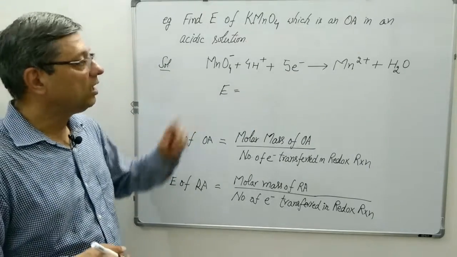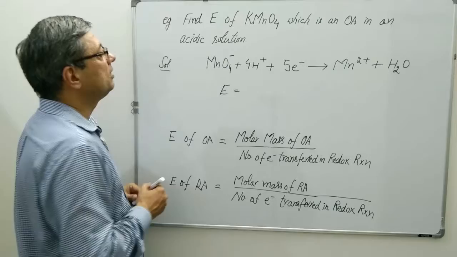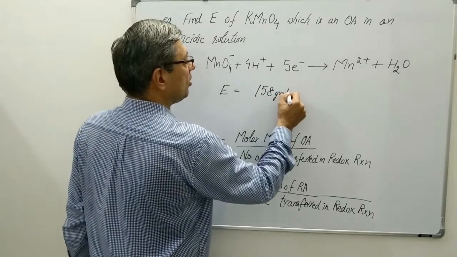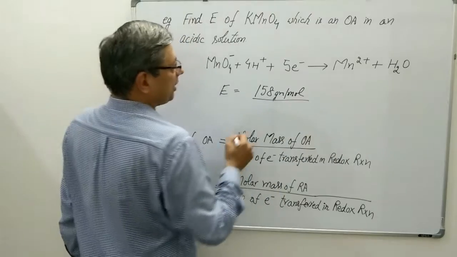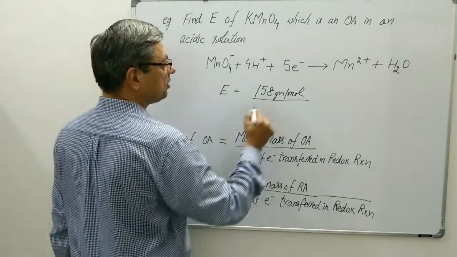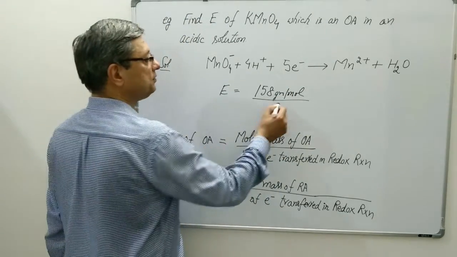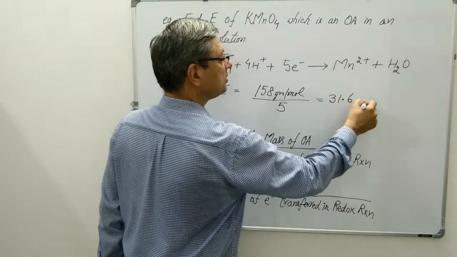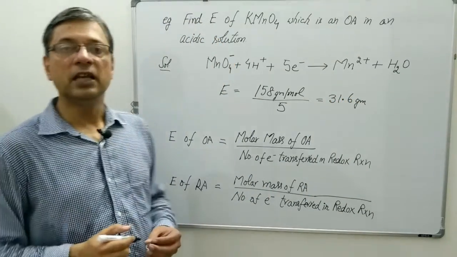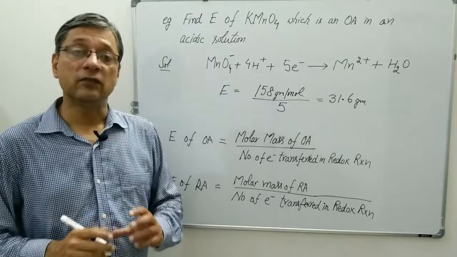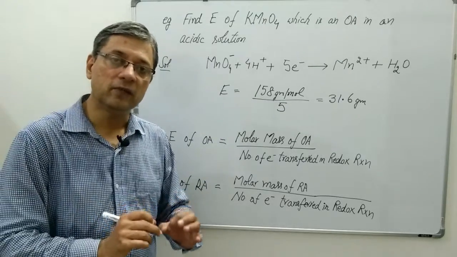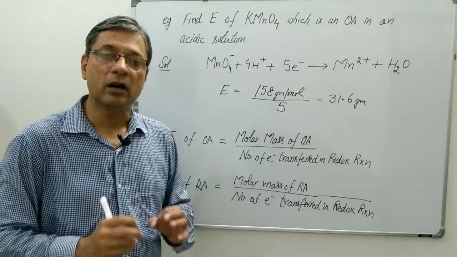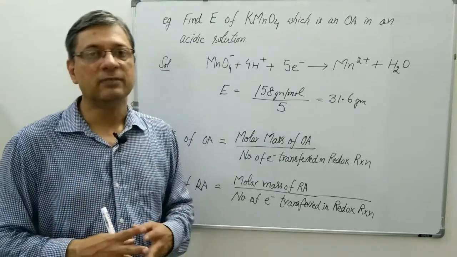So equivalent mass of KMnO4 will be 158 grams per mole, the molar mass of KMnO4, divided by the number of electrons transferred, 5. Equivalent mass will come out to be 31.6 grams.